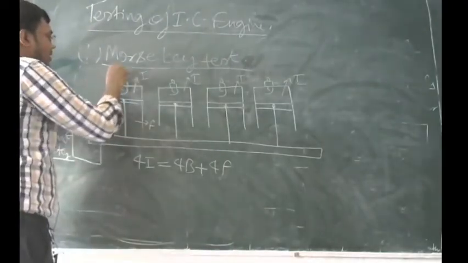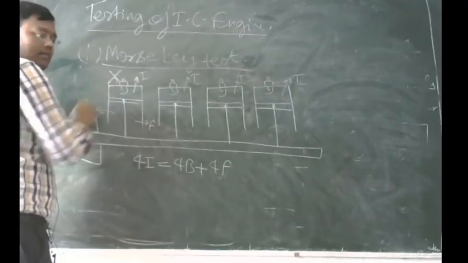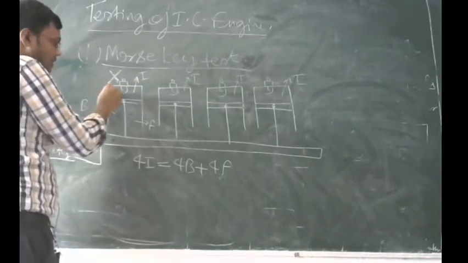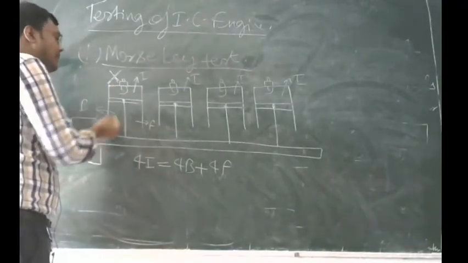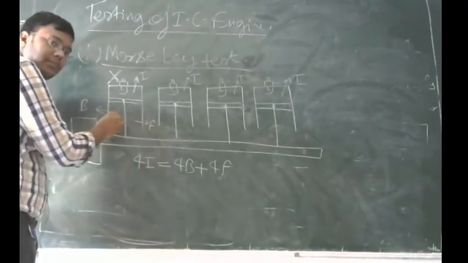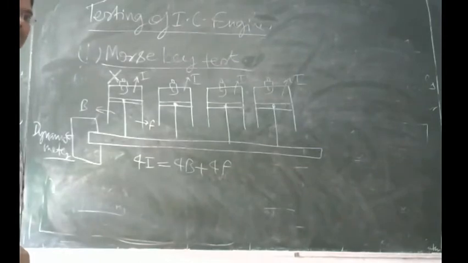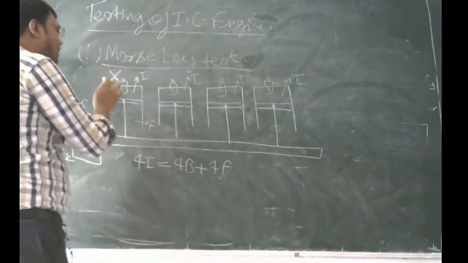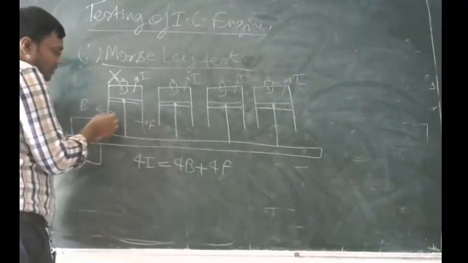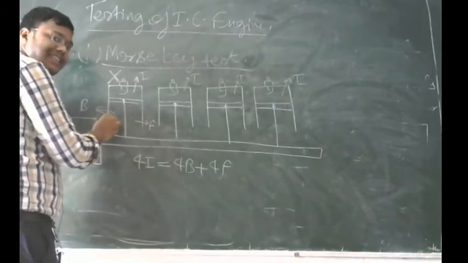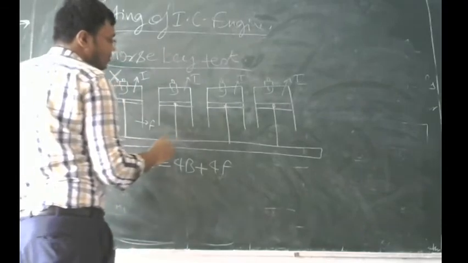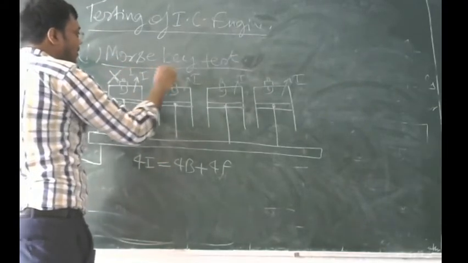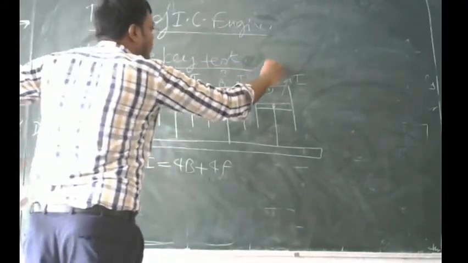When the sparking stops here, then we cannot get power from this first cylinder. Now in this case, we will get power from only three cylinders, cylinders 2, 3 and 4.